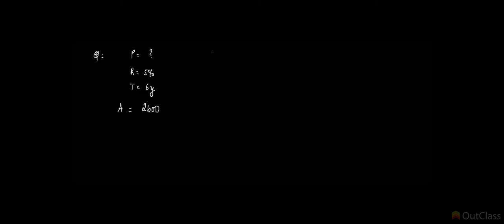The question is, what principal amounts to 2600 rupees at a rate of interest of 5% per annum for a time of 6 years? So you can directly apply the formula.